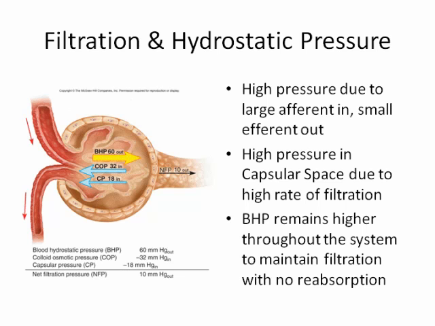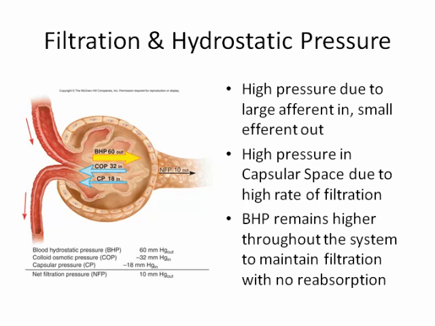All right, hydrostatic pressure. We know, or at least we have discussed within lecture, the fact that by manipulating the afferent arteriole and the efferent arteriole, we can go ahead and manipulate the rate of filtration as well as blood volume and blood pressure.